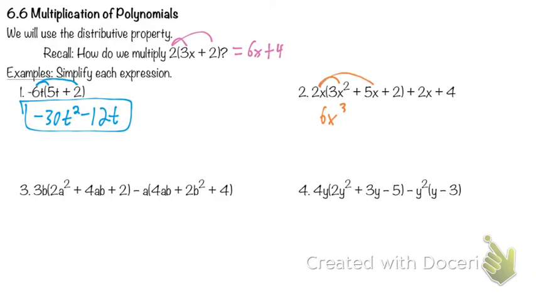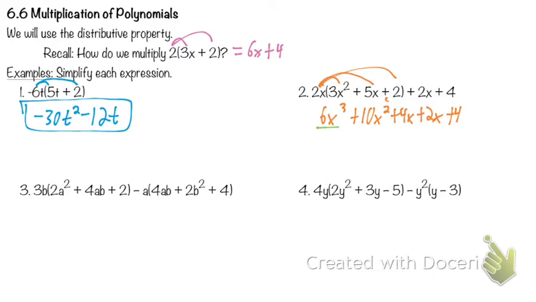2x times 5x is going to give us what? 10x squared. Very good. And then 2x times 2 is 4x. Very good. Now we just rewrite that plus 2x plus 4. Those were just chilling there. Now here, is there stuff we can still combine? Yes. So we need to do that still.